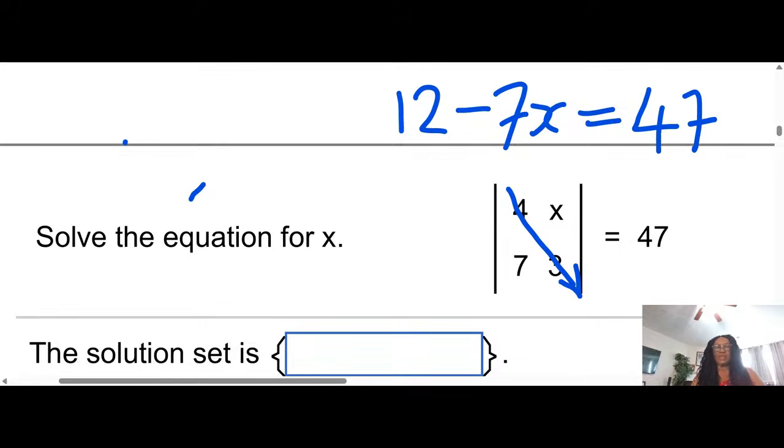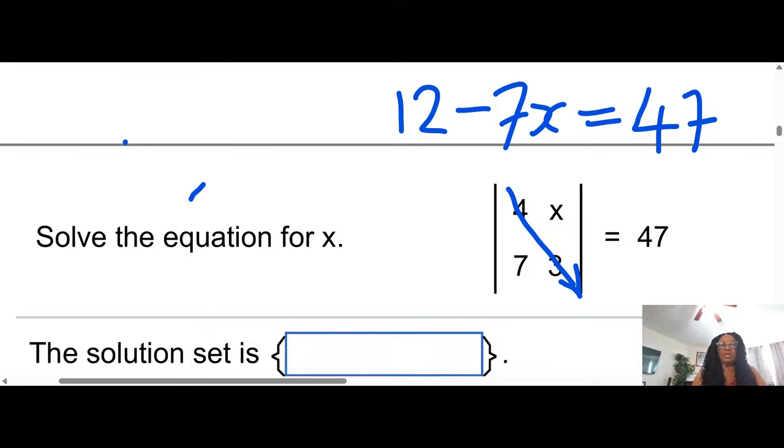Okay, so the question is solve for x. So the first thing I have to do is evaluate the determinant and solve for x. And by the way, you are not allowed to use your calculator to do this. You have to do it without a calculator, because your calculator will not be able to identify the value of x for you.